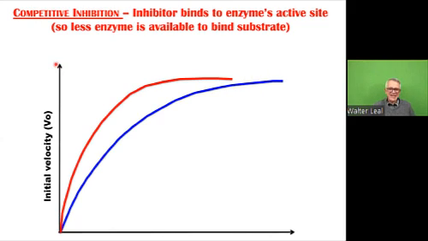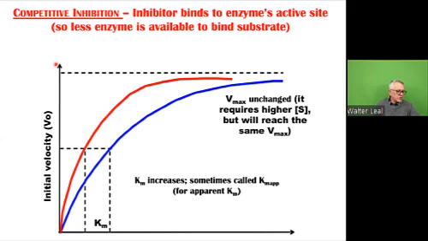But for competitive inhibitors, we discussed in class that the Vmax still remains the same, we just need a little bit more substrate to reach that maximum. But the apparent Km changes, so it increases the Km, which gives the impression that the affinity decreases. In fact, it's not the affinity that decreases, it's the apparent affinity, so that's why we call it Km-app.